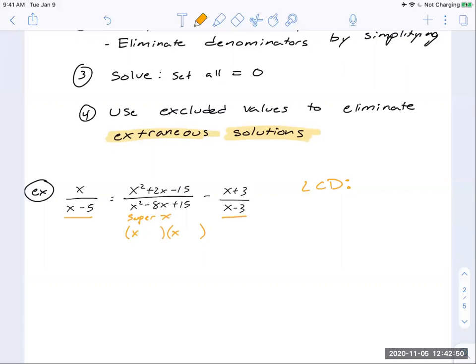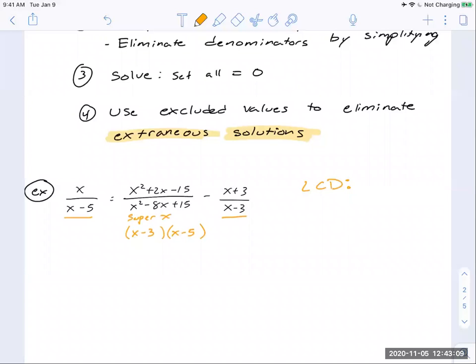Give yourself another shot. So you may have the numbers right, but maybe your signs are wrong. Here's what it should be. X minus 3, x minus 5. So that's what you should have had.